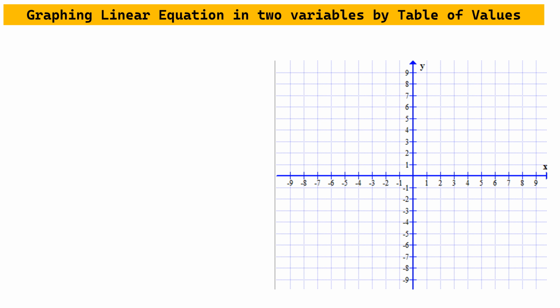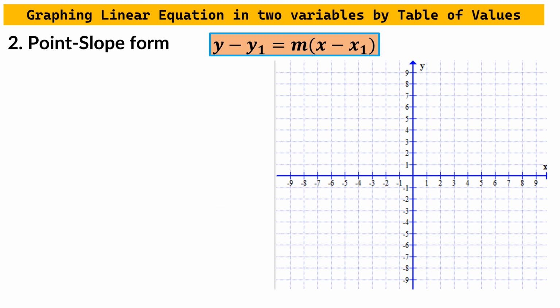Okay, let's proceed to the second example. It's the point-slope form, and this is denoted by y minus y sub 1 is equal to m times x minus x sub 1. And why is this said to be a point-slope form? Because when we say point, we have there the presence of the x sub 1 and the y sub 1 as 1 point, and then the slope there is being represented by the m, as we have in the y equals mx plus b form.